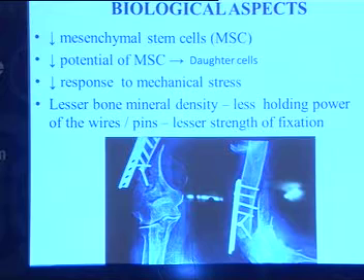And at the end, as we know, it is a bone with less mineral density. So naturally there is less holding power of the bone to the wires or pins, and the strength of fixation is also less. So these are the issues which we have to take into account.